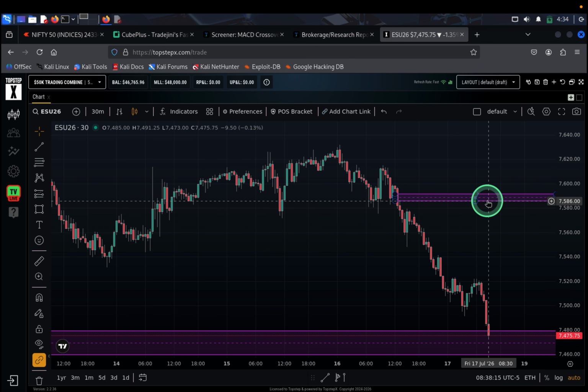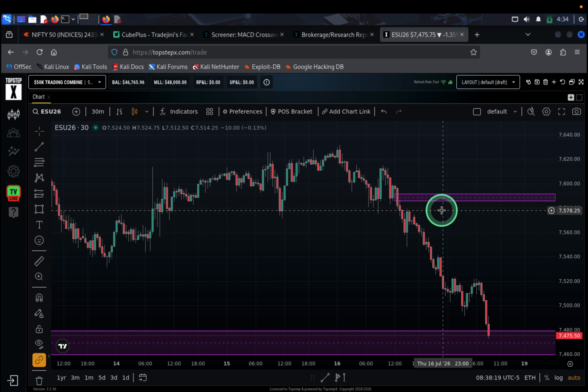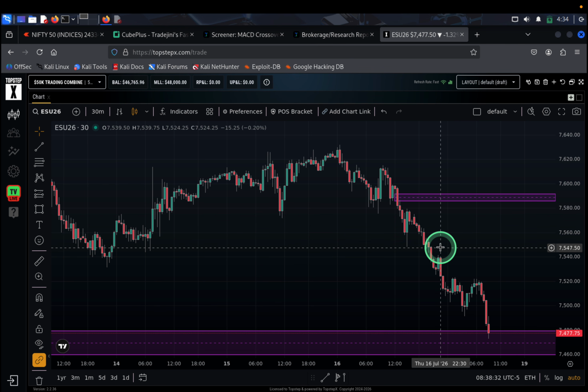This is supposed to act as a resistance point because it is well above the market structure and it is going to give the edge of facing a directional move towards a reversal side. So that's how it works.